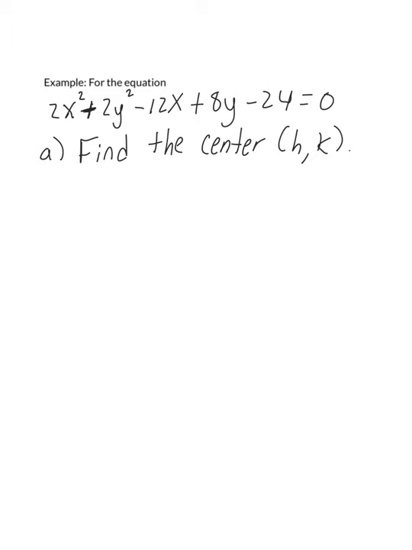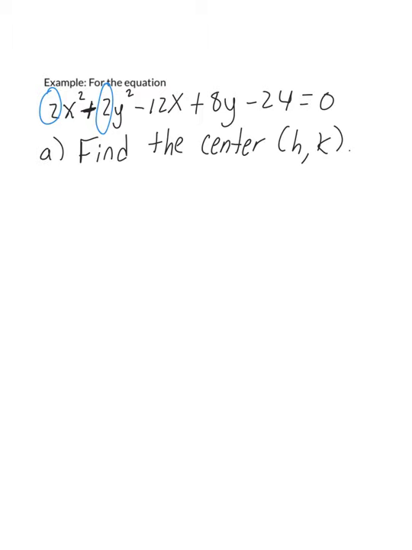Before we can even set up the equation properly, there is a 2 in front of x squared and y squared. So for us, it's going to be hard to get a perfect square trinomial if we don't have a 1x squared and a 1y squared.